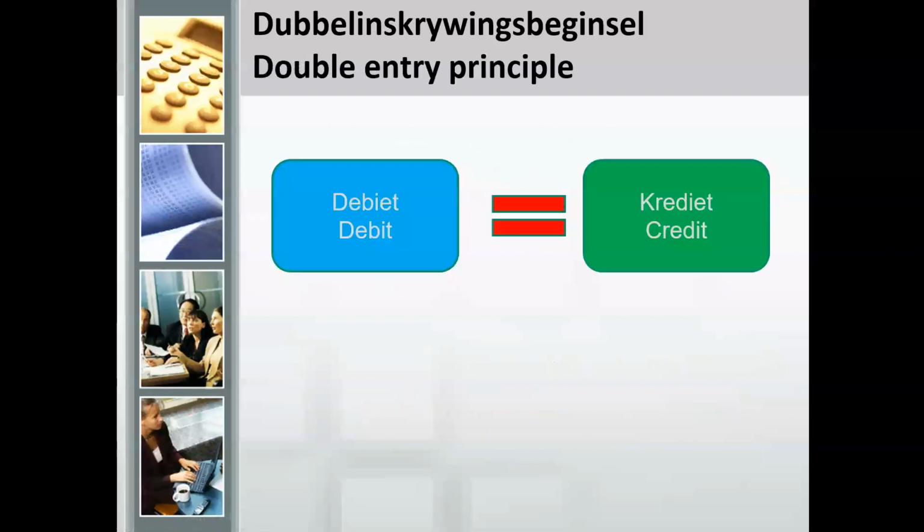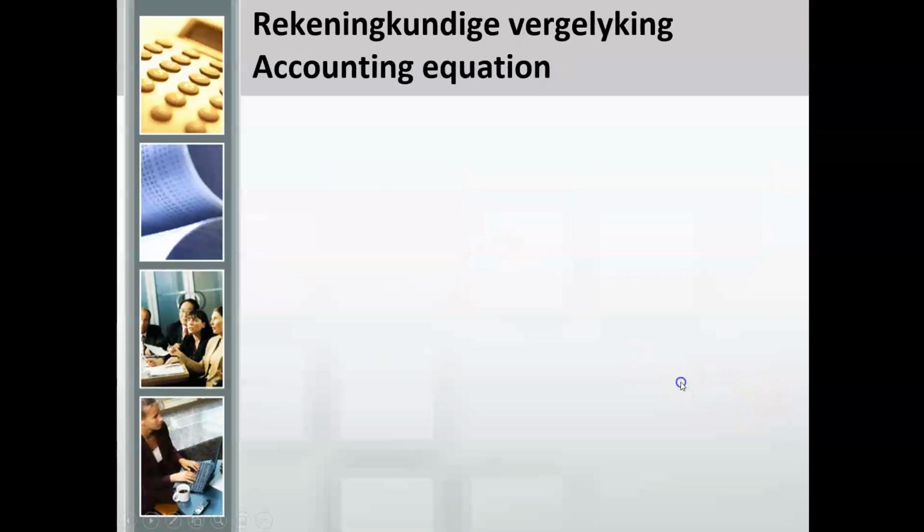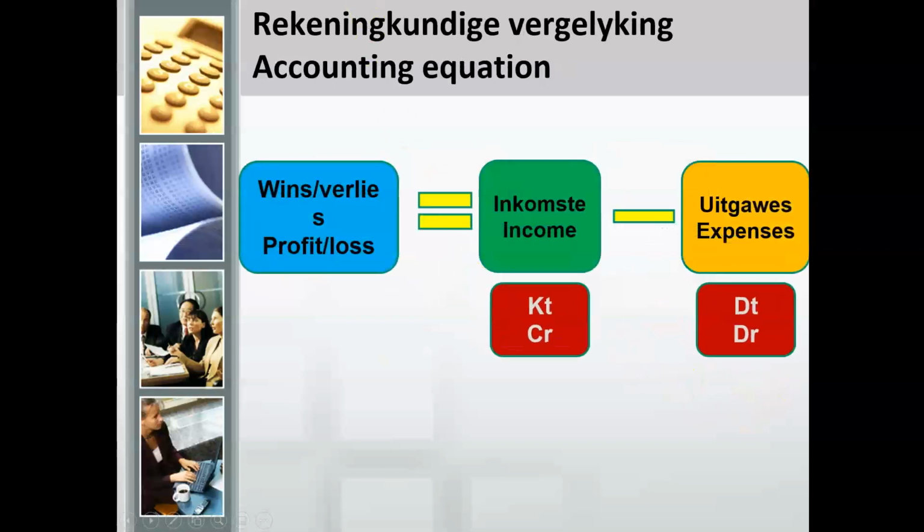Okay, so it's all about the balancing of accounts. So we say that in accounting, the double entry principle, the dual principle, in other words, applies. So all debits must always equal all credits. Also, you know how the accounting equation looks. We say, well, in an accounting equation, assets equals equity plus liabilities. Now, we said, well, part of equity equals our net profit for the year.